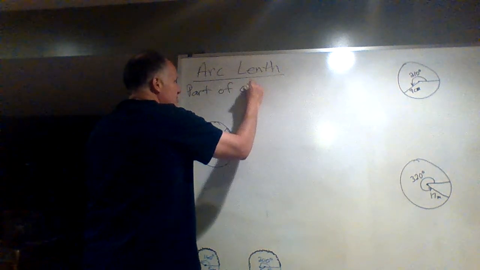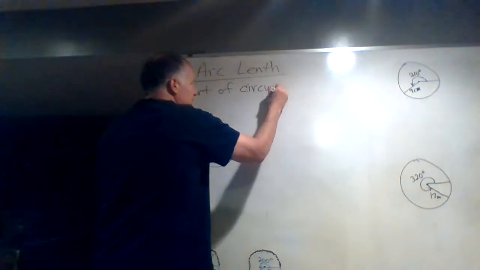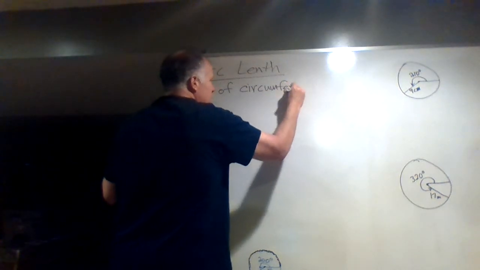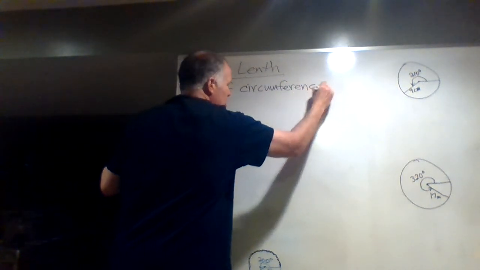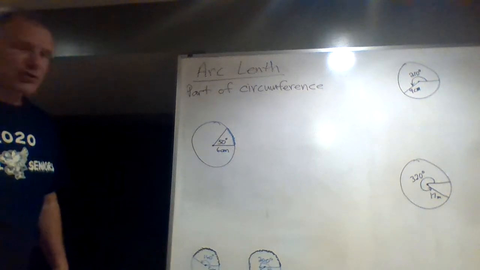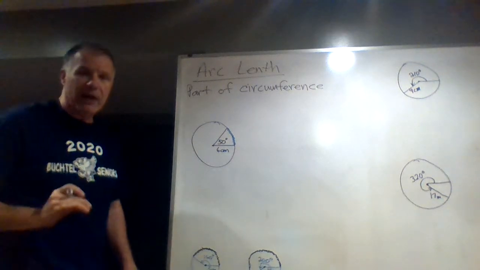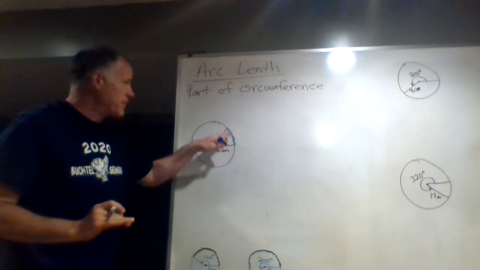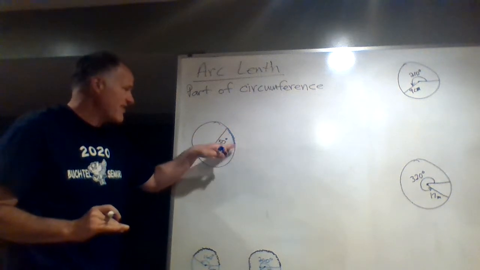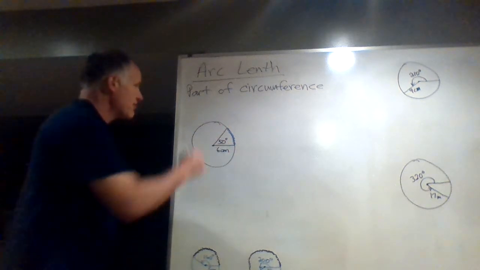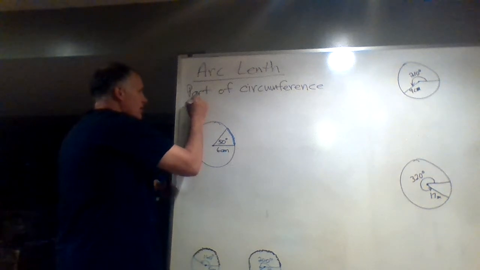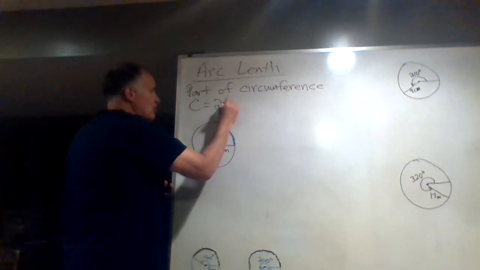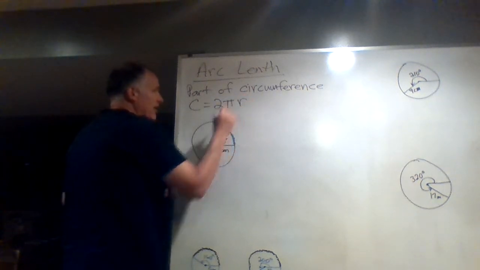Remember circumference from geometry? Circumference is all the way around the circle. If I'm just doing a piece of the circle, I want to find that little distance right there. All the way around, circumference was 2 pi r.